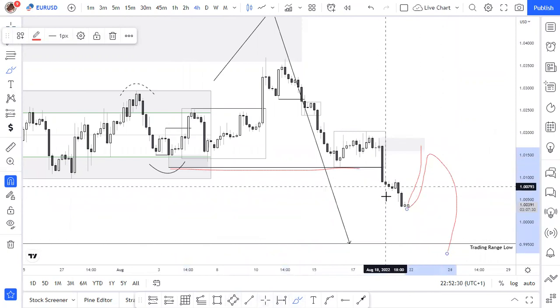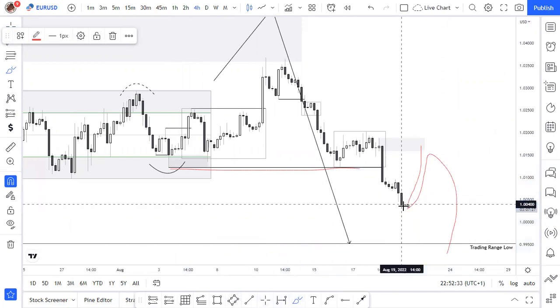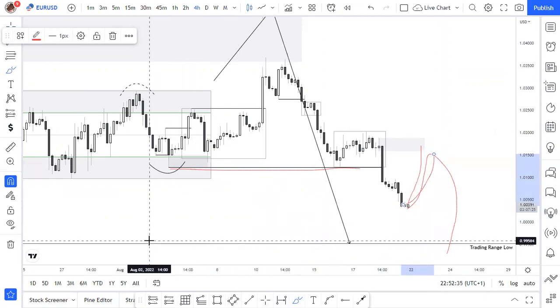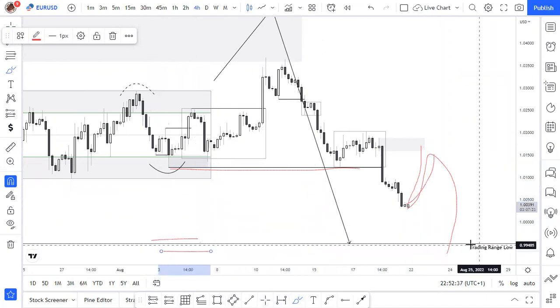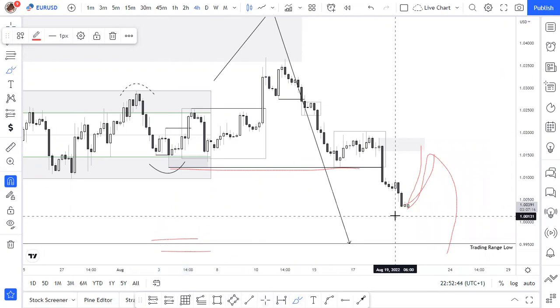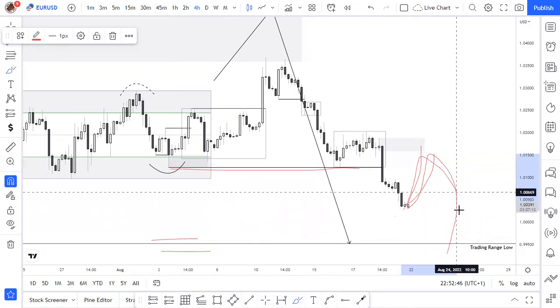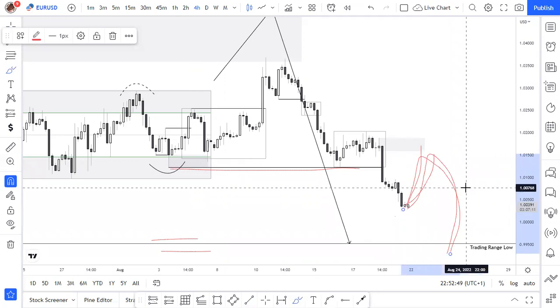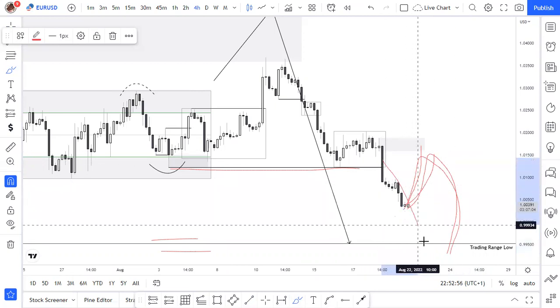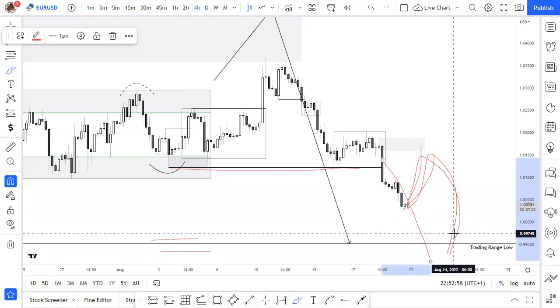There's a possibility that price might pull back before going for this daily low, this horizontal line here. So the 4 hour time frame will most likely pull back before going to take out that daily low. It's really something I would love to see, because I don't want to see price pushing all the way down here. I think if price does that, there won't be much opportunity for me.